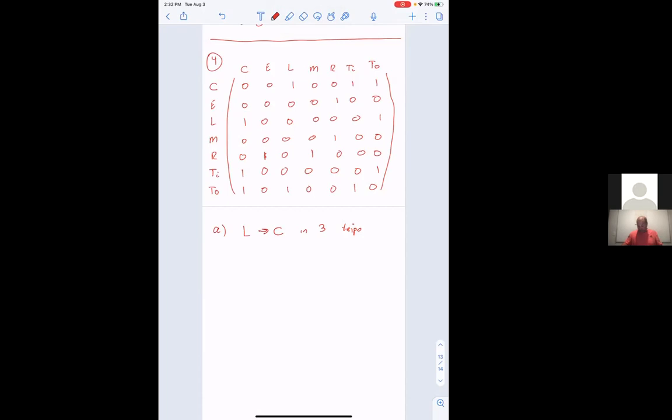This will be matrix H. Sorry, H is going to be a 7 by 7 matrix. 0, 0, 1, 0, 0, 1, 1, 0, 0, 0, 0, 1, 0, 0, 1, 0, 0, 0, 0, 0, 1. 4th row, 1, 0, 0, 0, 1, 0, 1, 0, 0.